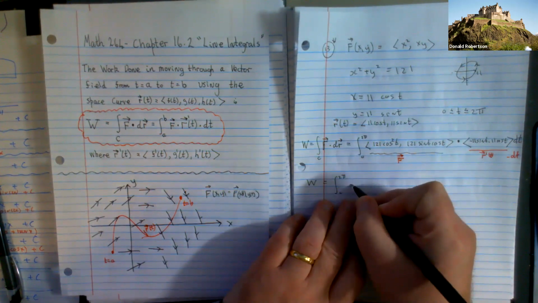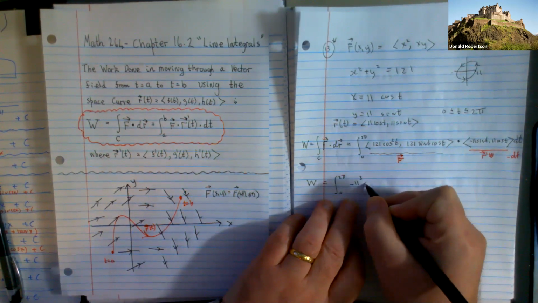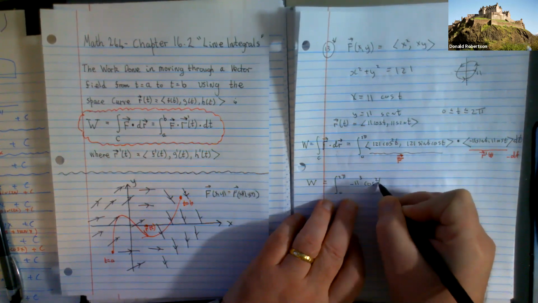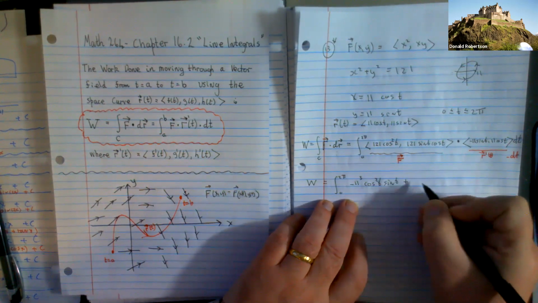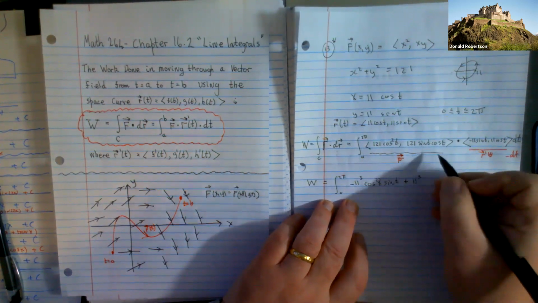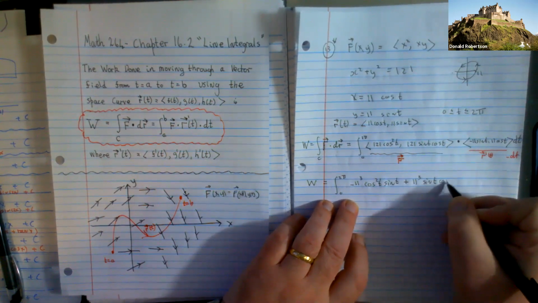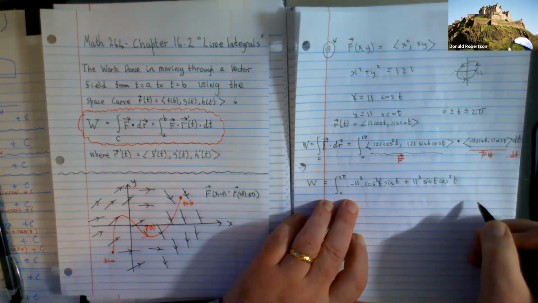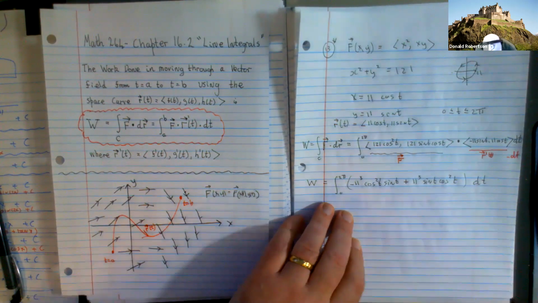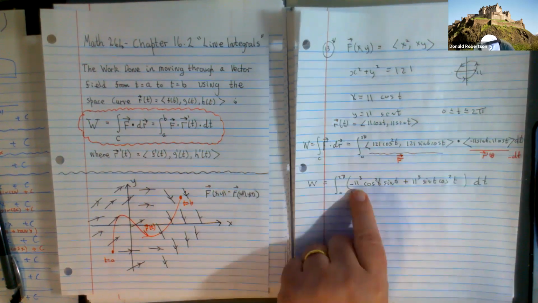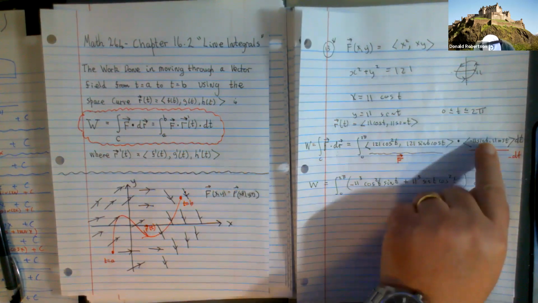I'm going to get negative 11 cubed cos squared t times sine t plus 11 cubed sine t cos squared t dt. Check that out. That times that is basically what 11 cubed is. There's a negative, got it. Cos squared, got it. Sine, got it.